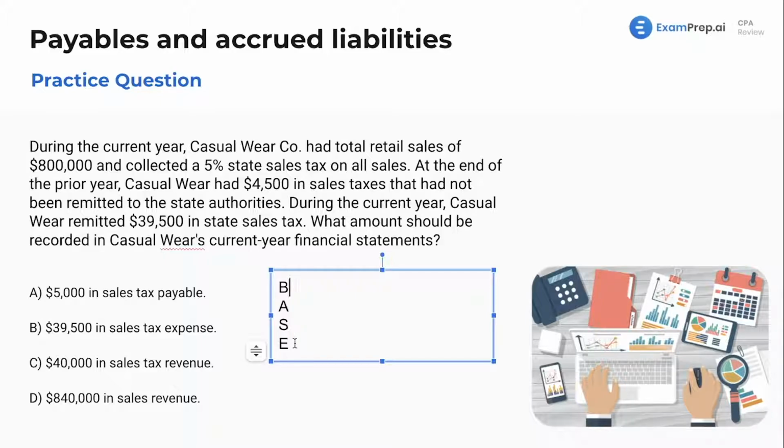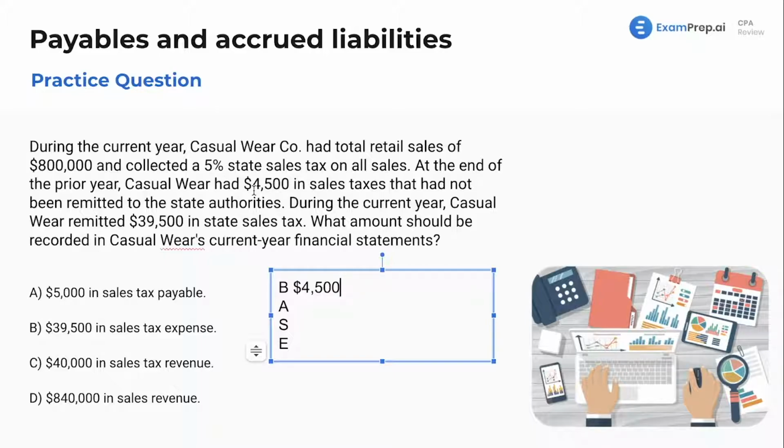Beginning, addition, subtraction, ending. What's our beginning balance? We're trying to find the sales tax. So the beginning balance looks like it's going to be $4,500. Why? Because $4,500 had not been remitted to the state authorities. They owe it. So that's their total balance beginning in the sales tax account.